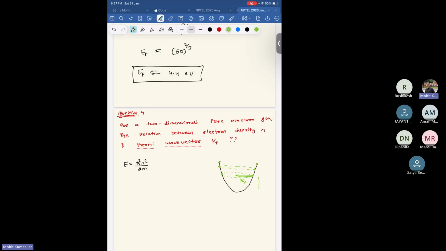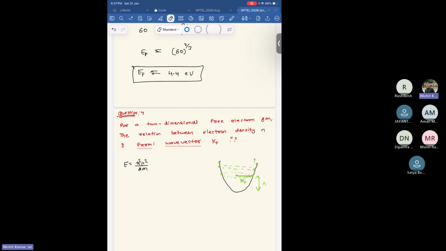Now, if you start filling this, you will have to fill the carriers, right? One electron, two electron, three electron. Let's say you are at n electrons, then you put n plus one, you move up in energy. Then you put n plus two, then you move further up in energy. That's how you move. So you change the carrier density n, right? In n versus k space.